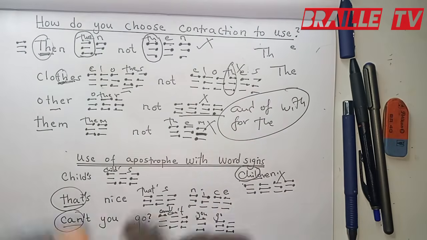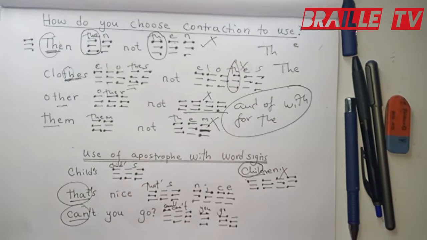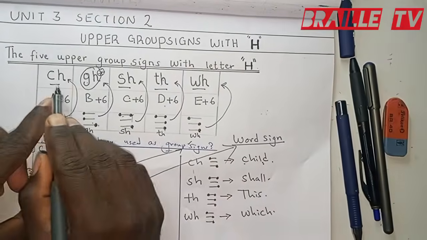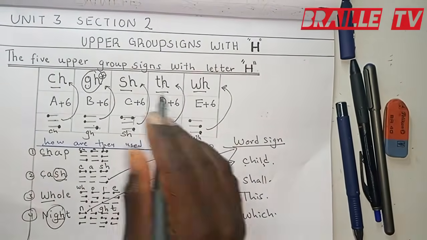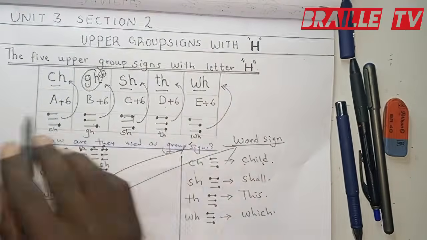Now let us recap what we have learned. In this lesson, we have learned CH, GH, SH, TH, WH. We said these group signs are formed by the letters A, B, C, D, E plus dot 6 each.